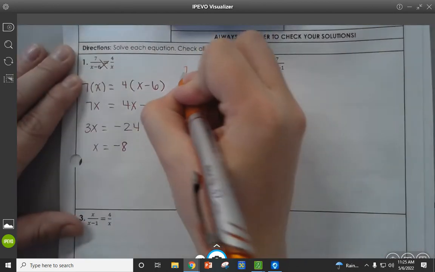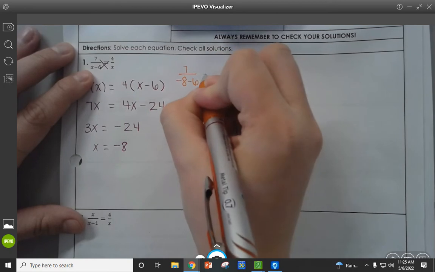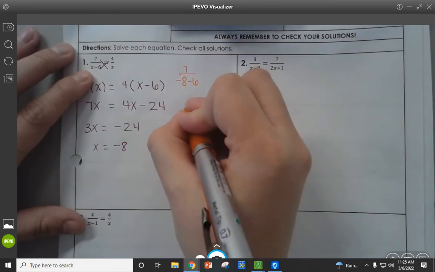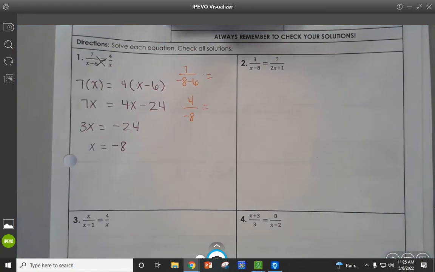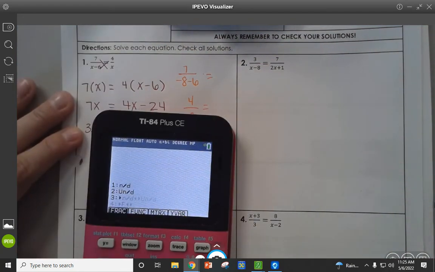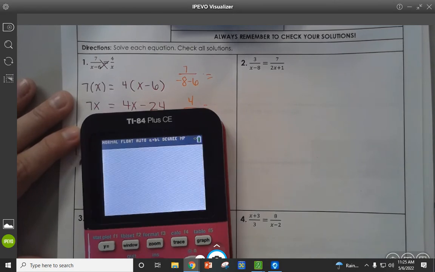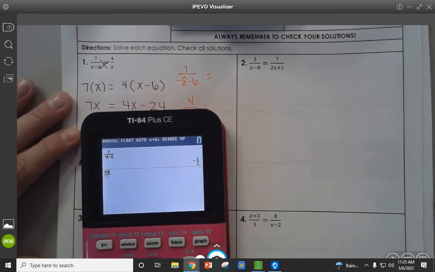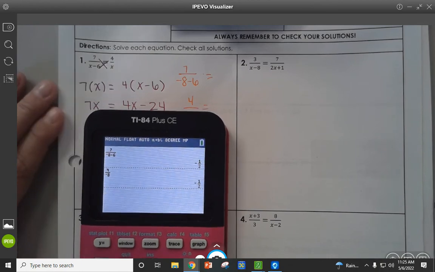So we have to do 7 over negative 8 minus 6, and we want to see if that's equal to 4 over negative 8. And they are equal.